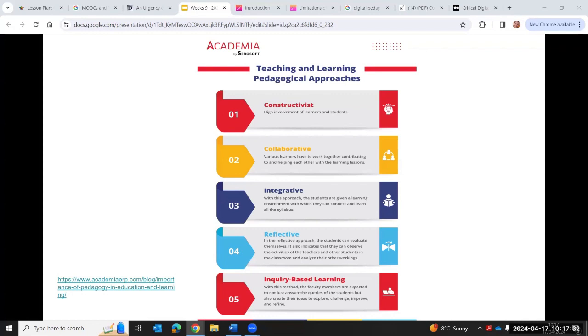You don't need to be an expert on knowing in detail all of these pedagogies. I think what you need to think about is what is important to your students. What do you think your students really need in order to achieve the learning outcomes? How can you facilitate the process, and therefore, would you need approaches that are collaborative, constructivist, reflective?